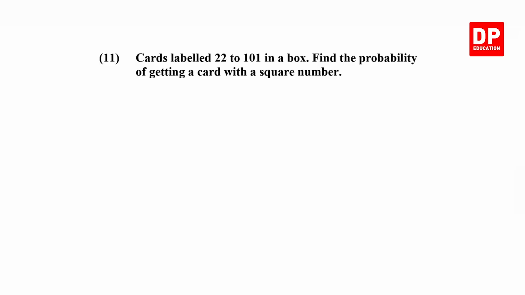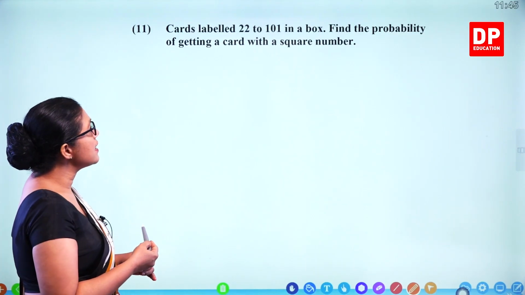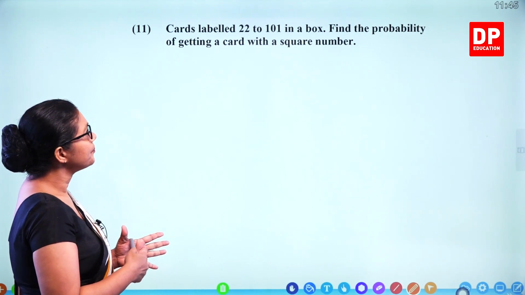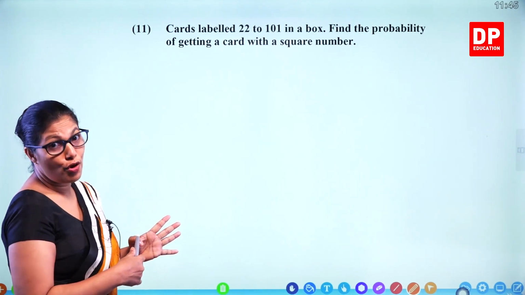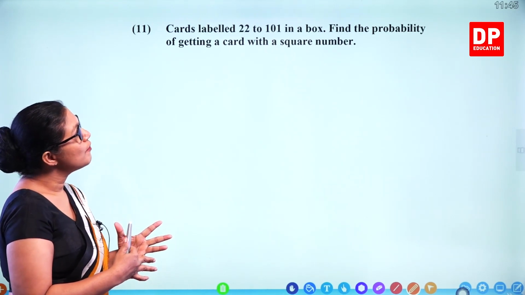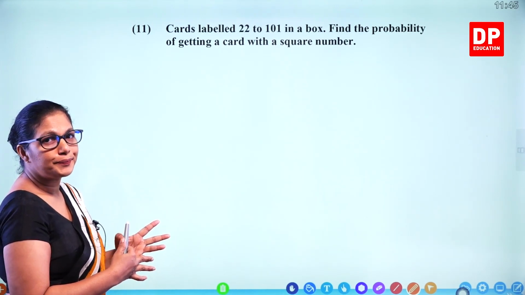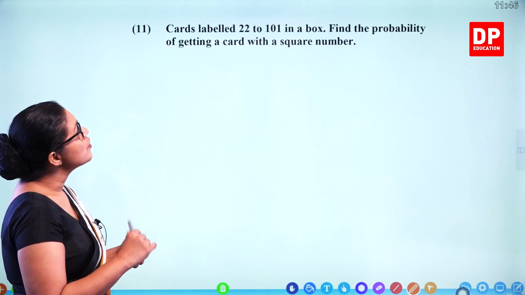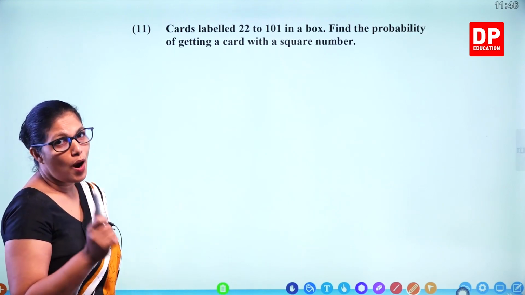Question number 11. Cards labeled 22 to 101 in a box. Find the probability of getting a card with a square number. How many cards are there? Do you want to count 22 to 101? What's the easiest way to count? You subtract the smallest number from the largest number and add 1.